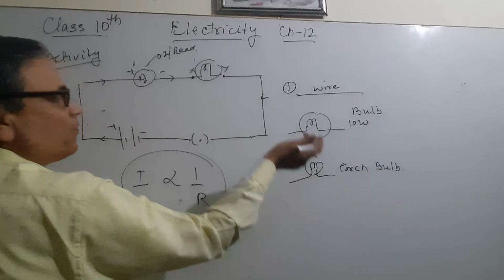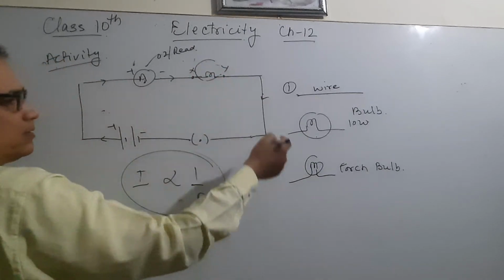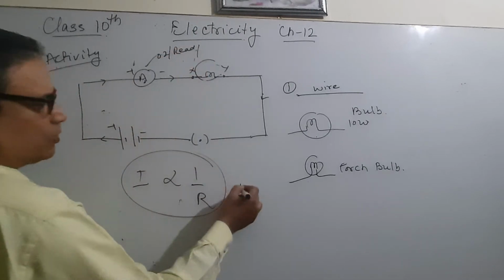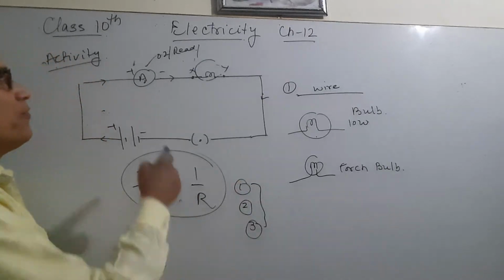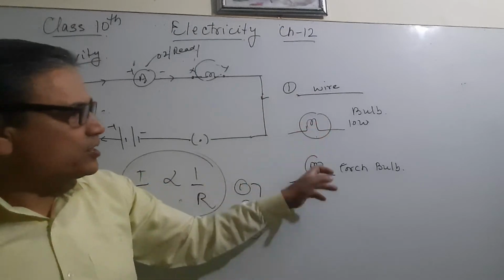And in the third case, when we attach the torch bulb, the ammeter also shows a reading. Is the reading of the ammeter the same in all three conditions?